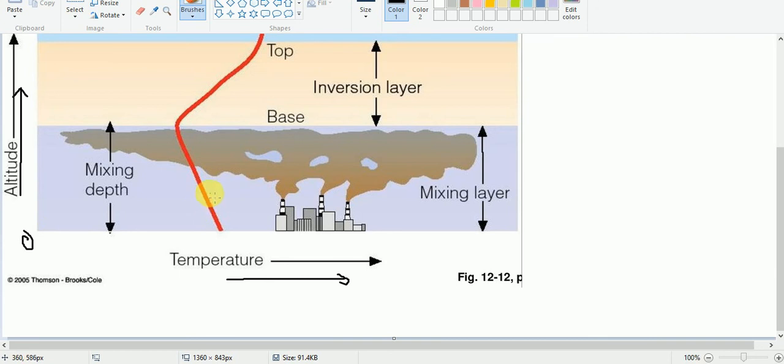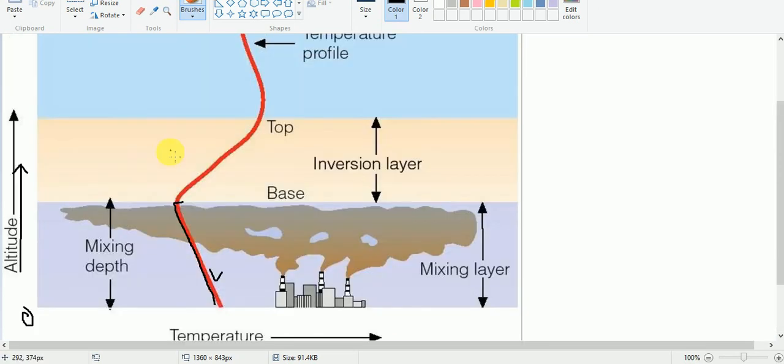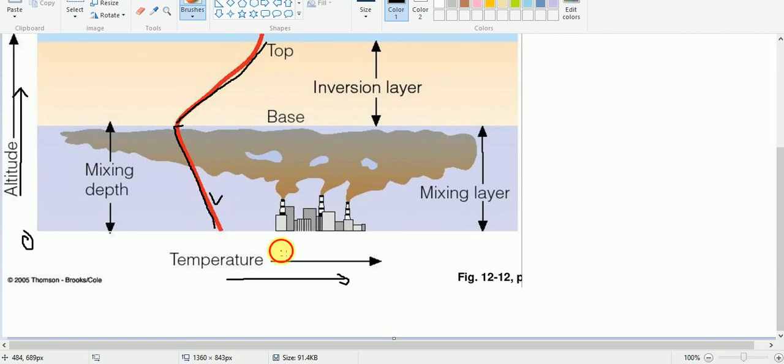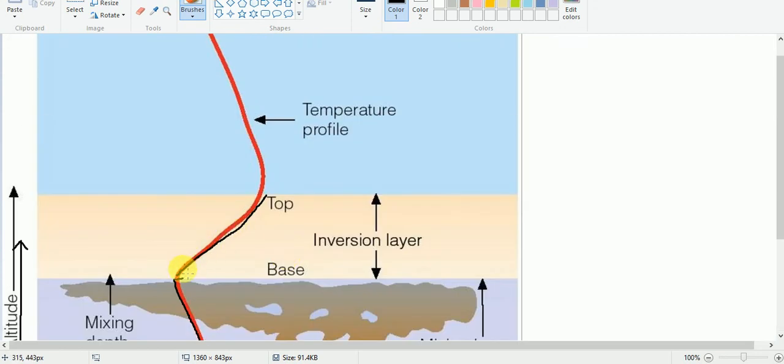So this graph up to here shows normal lapse rate. That is, you will find temperature decreases with increasing height up to here, and again from this particular point you will find that temperature increases with increasing height. As I told you, temperature increases toward this side. So from this particular point temperature increases with increasing height up to here.